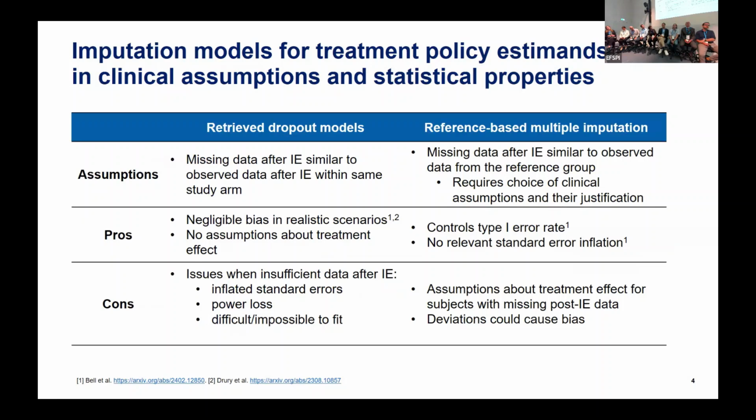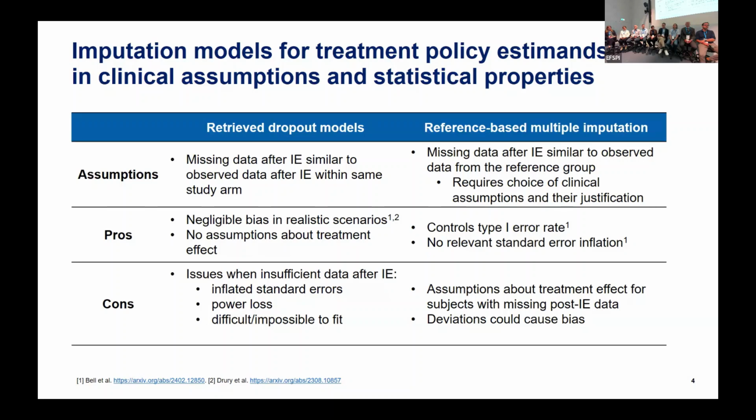For example, the retrieve dropout models assume that missing data after the intercurrent event is similar to observed data after the intercurrent event within the same study arm. On the other hand, reference-based imputation methods assume that missing data after the intercurrent event is similar to observed data from the reference group. So we have to make a choice of the clinical assumptions and also justify this.